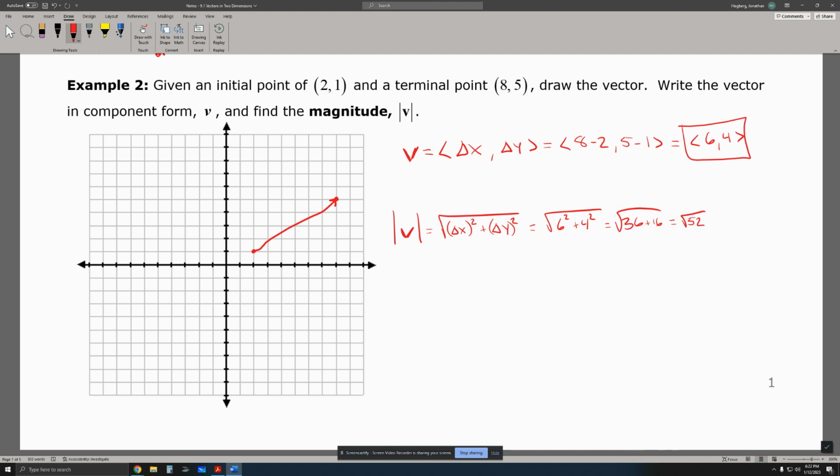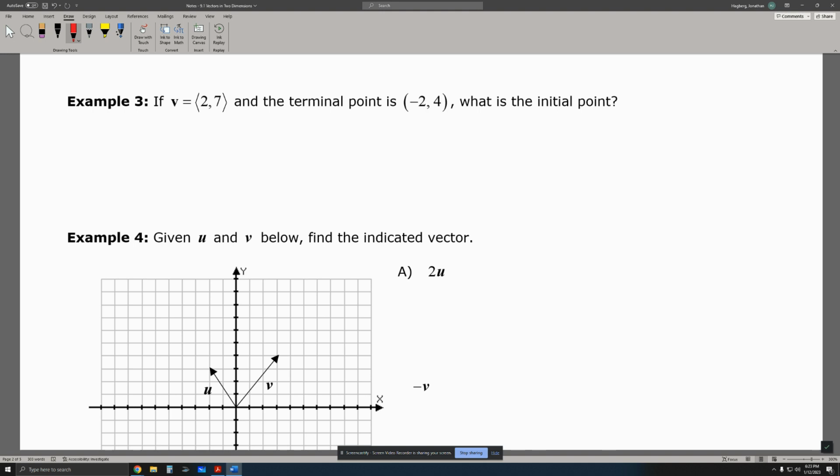Now this can be simplified. I know that 52 has a perfect square factor of 4, so this can be simplified into 2 times the square root of 13. And yes, I do want you to simplify those roots whenever possible. So this means that the length of vector v is 2 times the square root of 13 units.